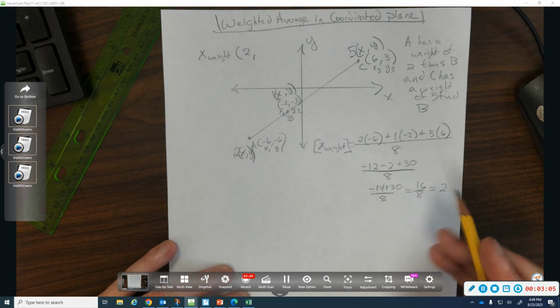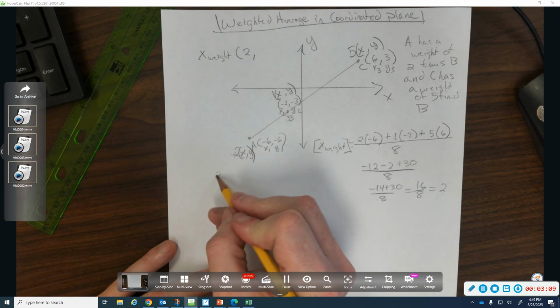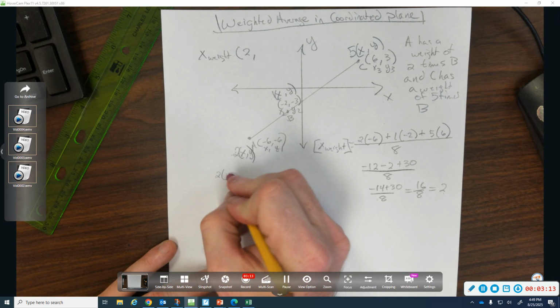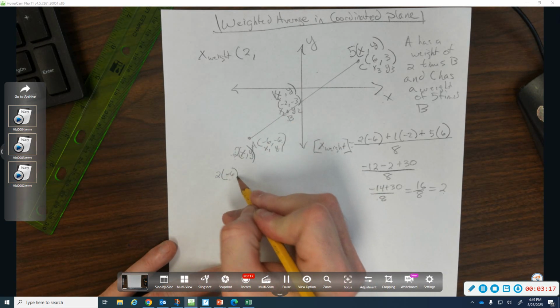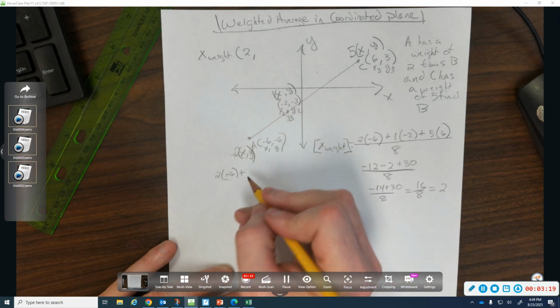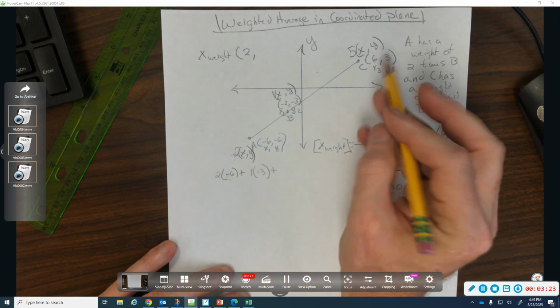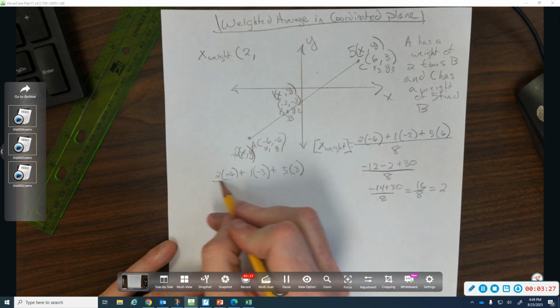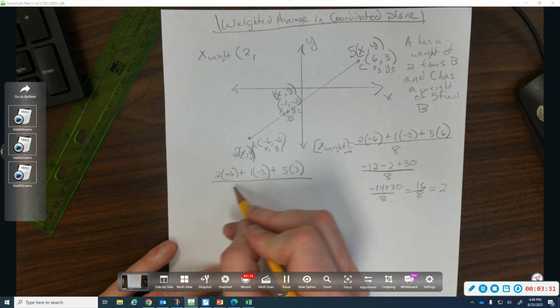So my y weight is going to be y1 times 2. So I would have 2 times negative 6 plus 1 times negative 3 plus 5 times 3. And then all over the same number of weights, which is 2 plus 1 plus 5, which is 8.